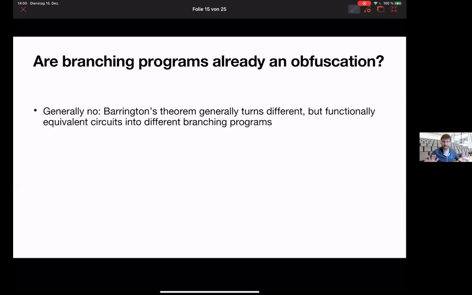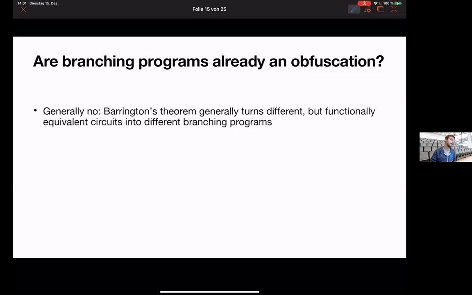I mean, Barrington's theorem, I only did because it's really a central result, in fact, in theoretical computer science and even more in theoretical cryptography. It doesn't just come up in obfuscation. This is an incredibly powerful tool. Therefore, I wanted to go through this at least once.